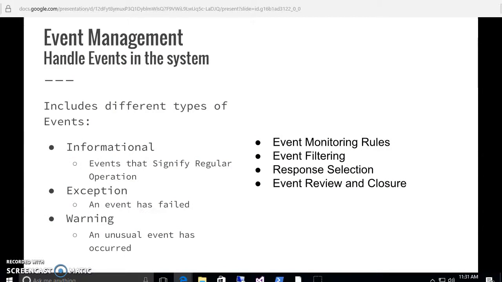All right, so event management is the first process that we're going to discuss in our presentation, and it handles events in the system. There are different types of events that the system handles: informational, exceptions, and warnings. Informational events are just simple events like when a user logs into the system or if an email has reached its intended recipient.